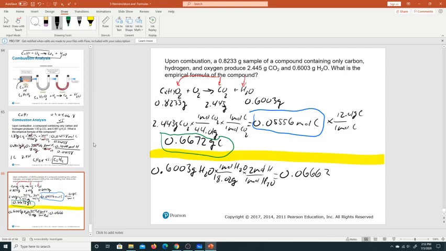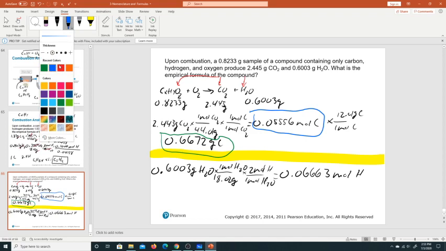That gives 0.06666663 moles of H. I'm keeping at least 4 sig figs. We'll mark that in blue. That's for moles of hydrogen.